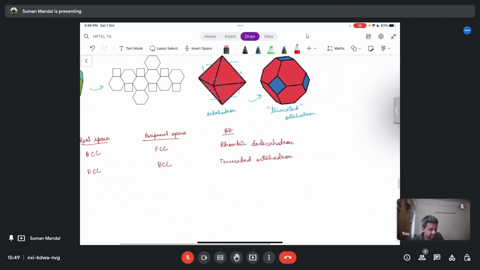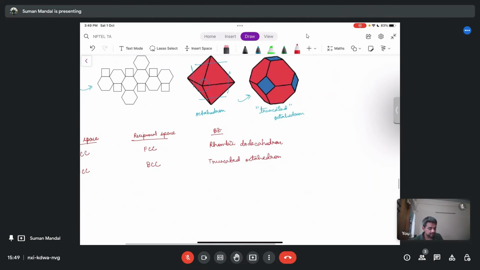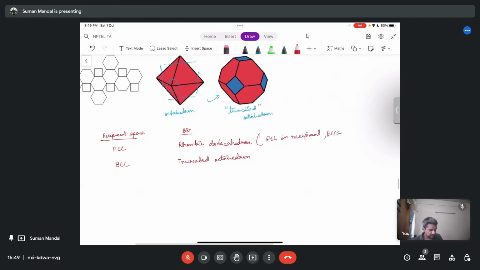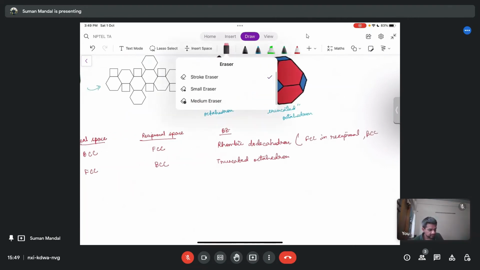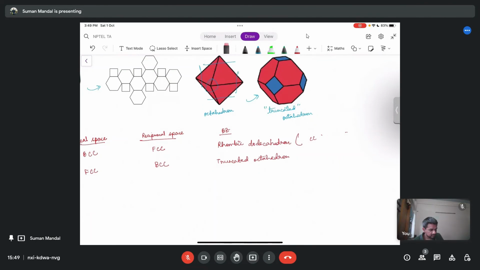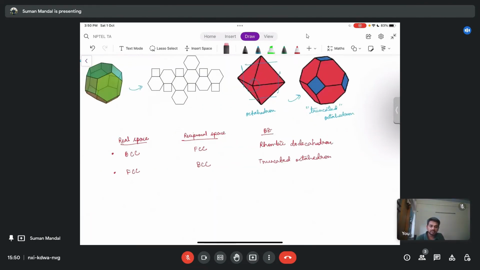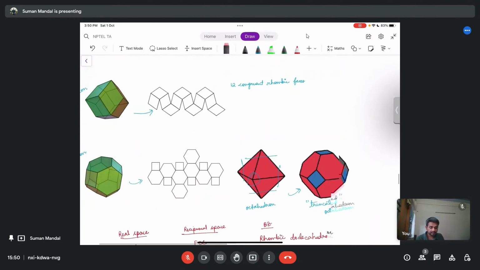So this is for FCC in reciprocal space, which is actually BCC in the real space.